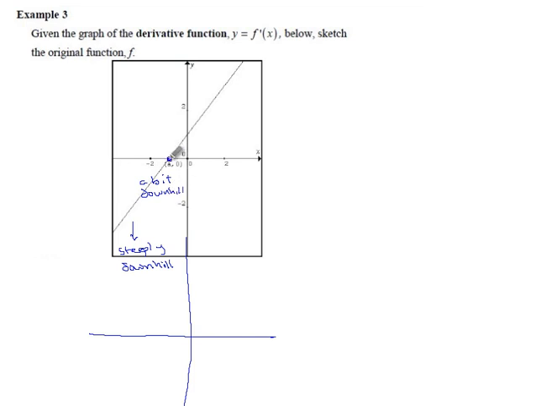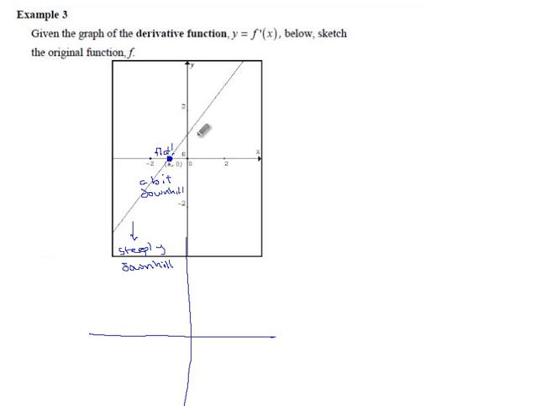What's happening right here? This is a point where the derivative is precisely zero, and when the derivative is zero, it means the slope of our curve is zero, which means our line must be exactly flat. Then the derivative goes positive, and at first it's not all that big.